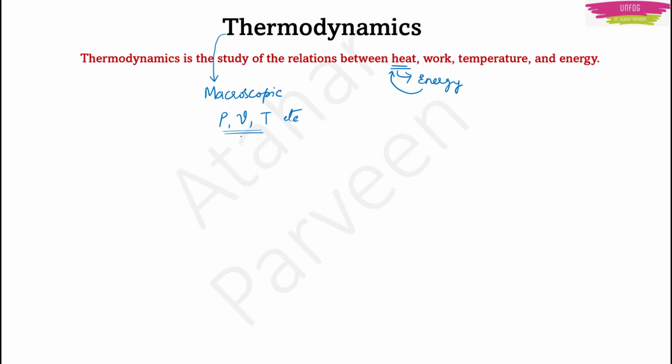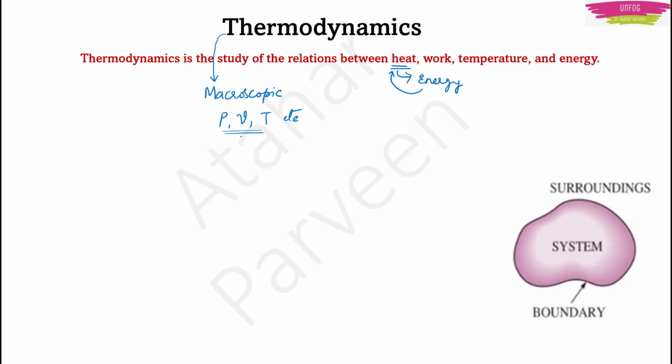Now, if you are talking about thermodynamics, there should be a thermodynamic system, right? That thermodynamic system is a collection of an extremely large number of atoms or molecules. These large number of atoms or molecules are confined within certain boundaries. If I say that this is a thermodynamic system, here all the atoms or molecules are present, and it is confined with certain boundaries.